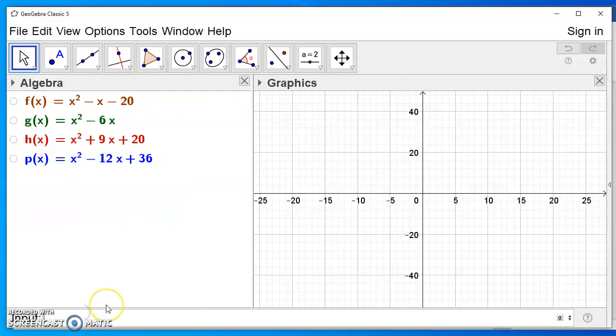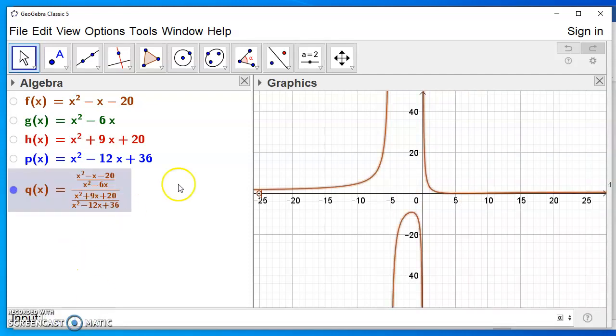Okay, so then the question asked us f over g, right? So my f function divided by my g function, and then divided by h over p. Okay, and that's kind of what you're looking at, right? It's just like a fraction on the top and then a fraction on the bottom. So again, how do I know if I did this right?